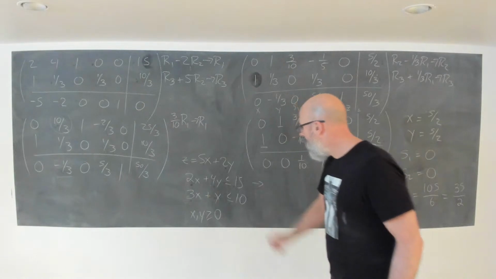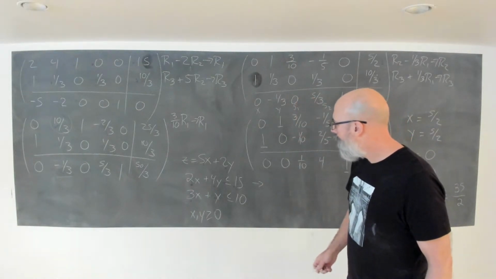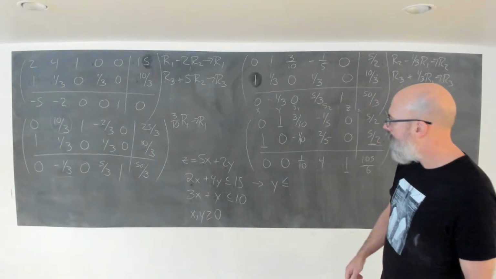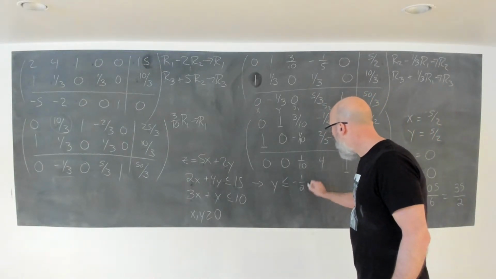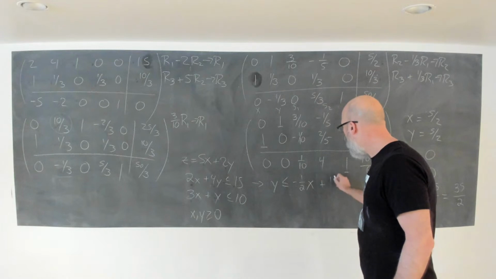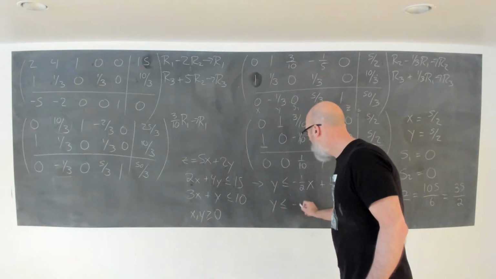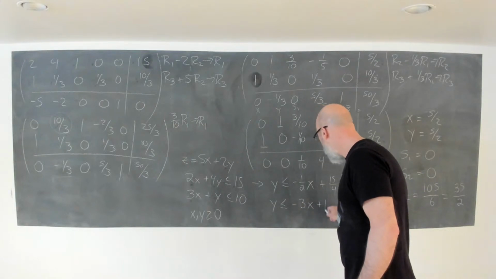So let's rewrite these in a way we can deal with. Minus 1/2 x plus 15/4. And here, minus 3x plus 10.